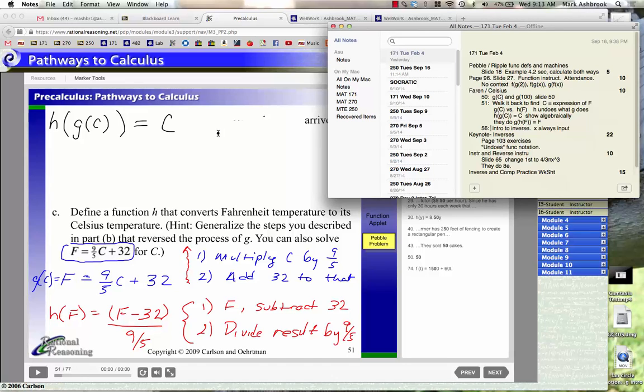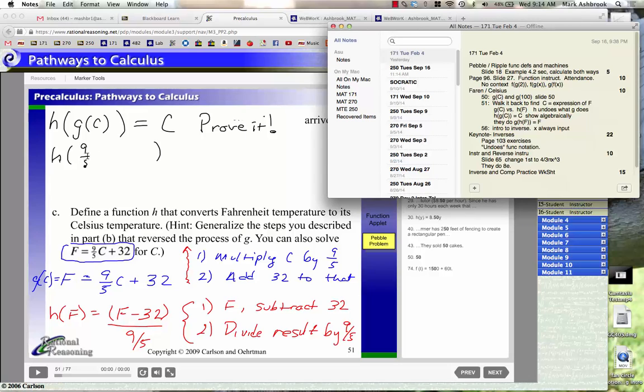How can we do that? H of G of C is the same as... we're going to prove it. All right, H of, what is G of C? The same as... Did some homework like this, right? 9/5 C plus 32. That's what G of C is.